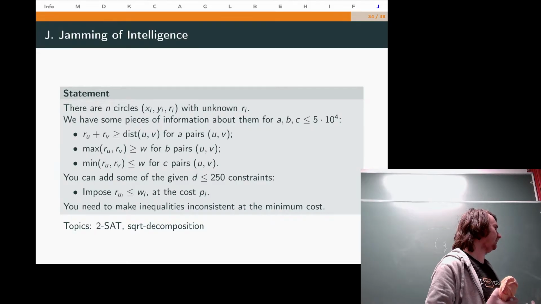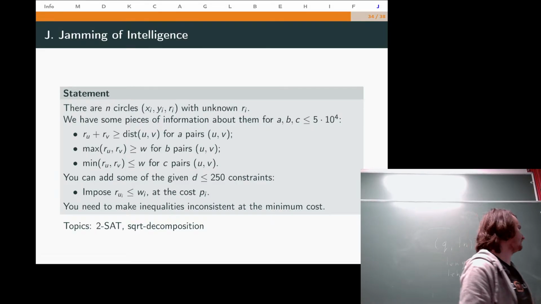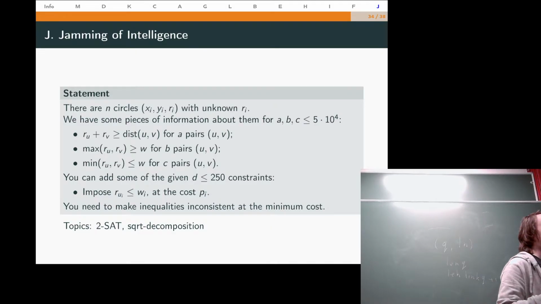So now what we are asked to do, we are given additionally some small amount of constraints that we are allowed to add to the first ones, and for each constraint we can demand that some specific radius is less or equal than the given value, and we pay P_i to impose this constraint on the network.